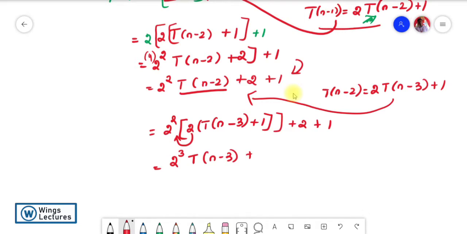It is going to be 4 and 2 plus 1. So finally what would be the result? Yes, 2 power 3 t of n minus 3 plus 4 plus 2 plus 1.